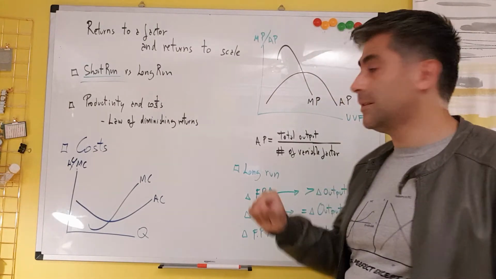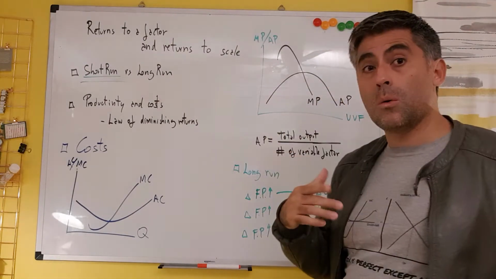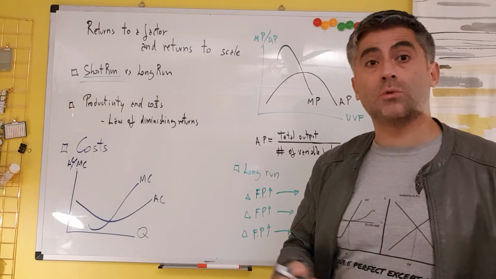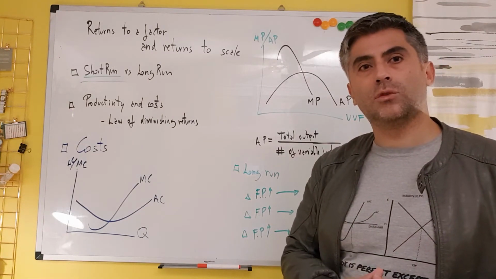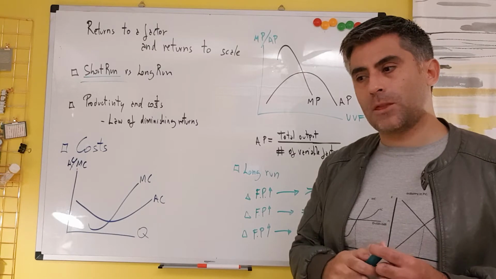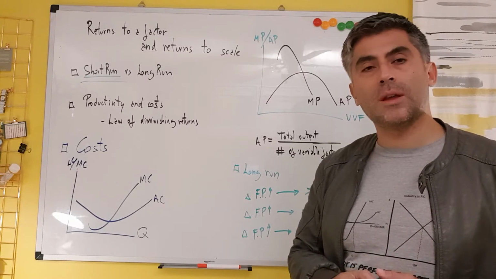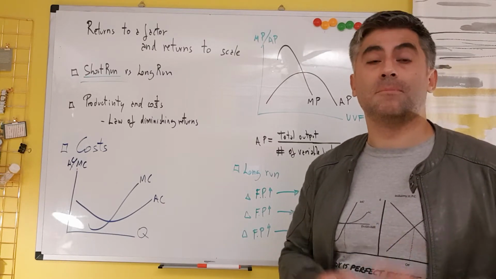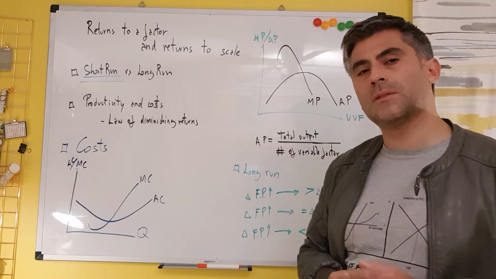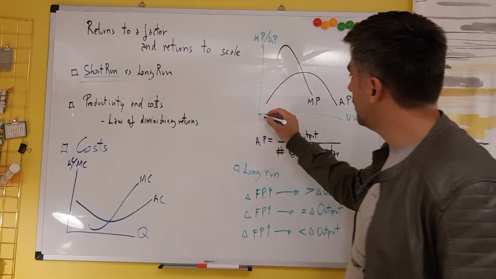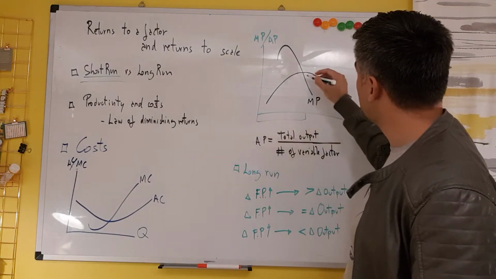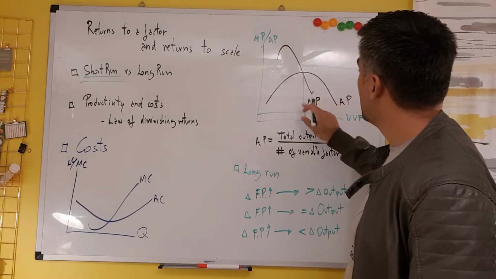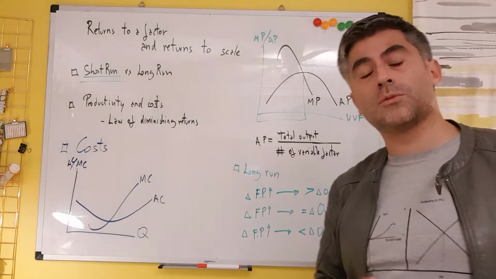One is that it tells us until what point we should employ or recruit people if we're looking to be productively efficient. So if the business objective is to be productively efficient, then we should employ units of variable factor up to the point where marginal product equals average product.